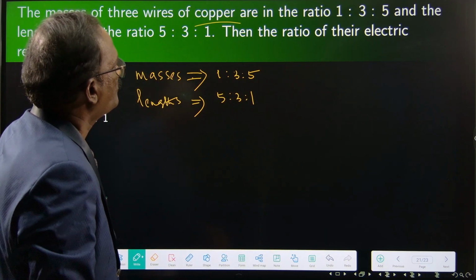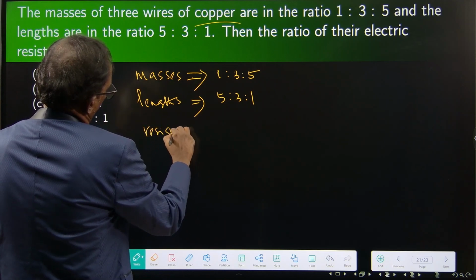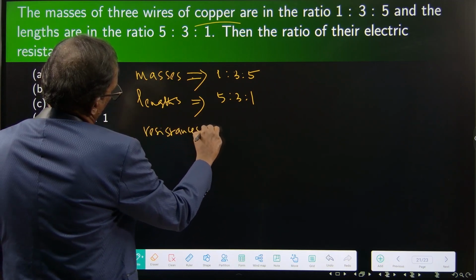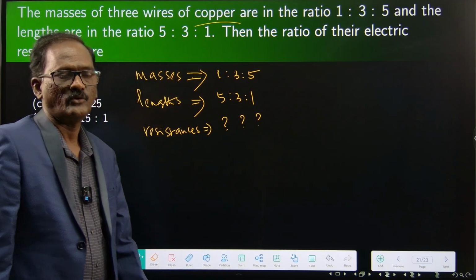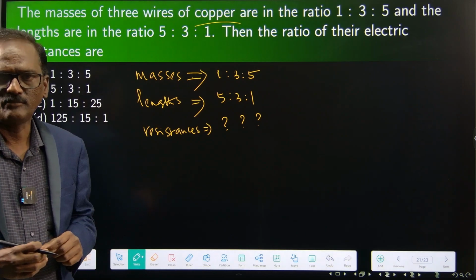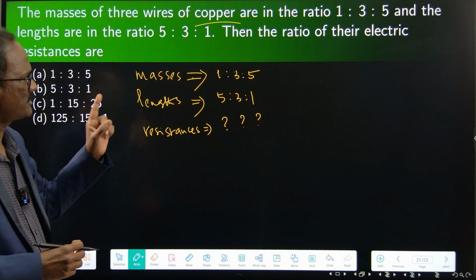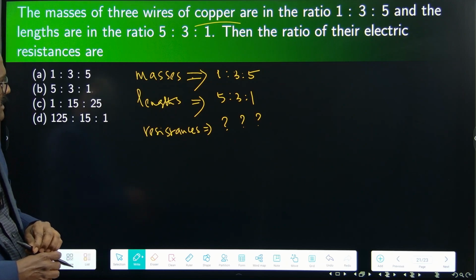Then what is the ratio of electric resistance? Since length is varying and the mass is varying, masses are 1:3:5 and lengths 5:3:1.